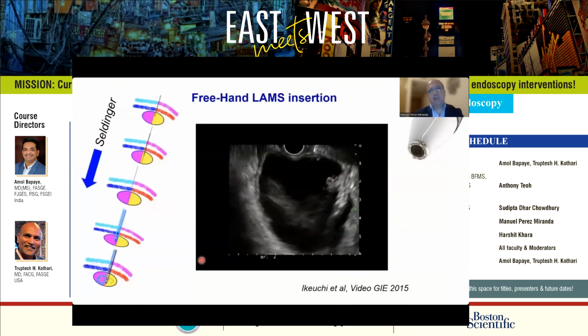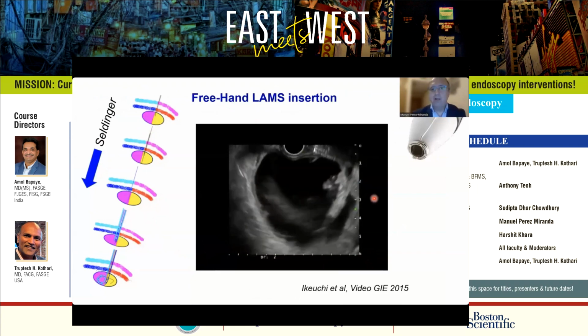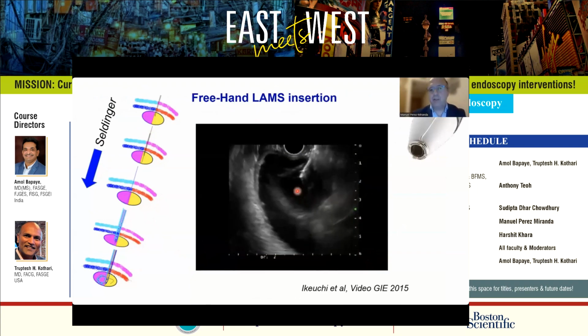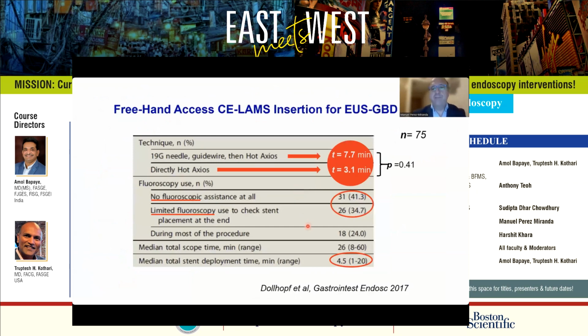The ultimate technological improvement, avoiding the tedious needle, wire exchange, dilation, and stent, was the development of the hot LAMS, allowing freehand insertion directly into the target just by cautery. So here in this retrospective multicenter study, median stent deployment time was 4.5 minutes.